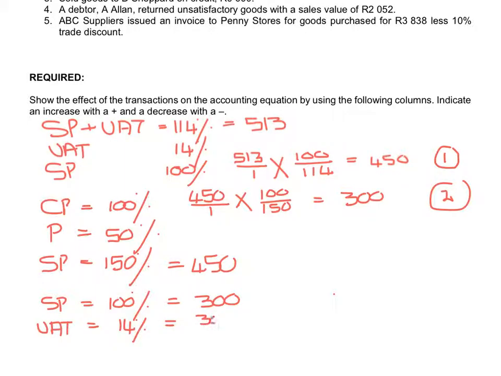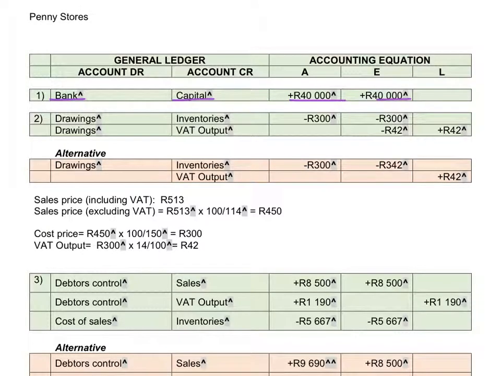So 300 times the one that we want, 14, divided by the one that we know, 100. And that will give us 42 Rand. So to do this entry, you have to do 3 separate calculations to get to the figures that you have to use.